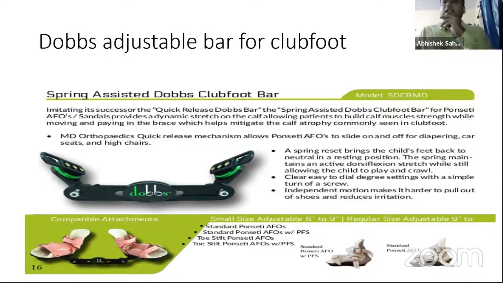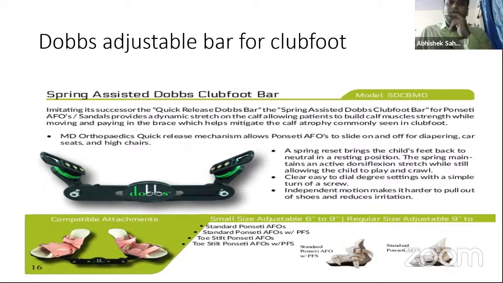So in this case, another issue which was addressed, which was another shortcoming of our other braces that I have mentioned before, is the calf size, or the calf atrophy, which we commonly saw after application of the cast and the brace. So this issue can supposedly be mitigated with this. It is available in India right now.